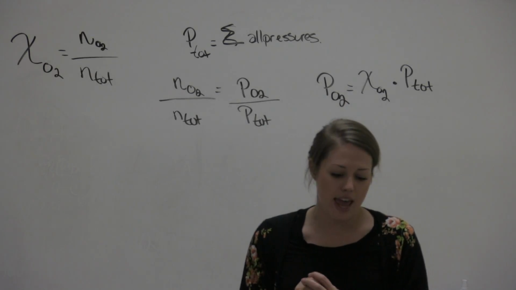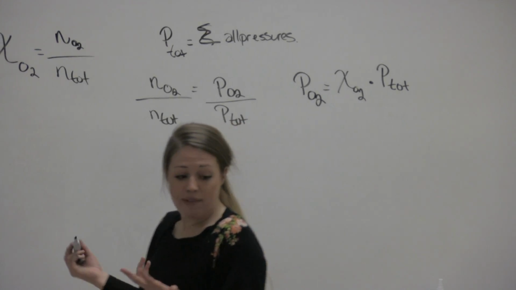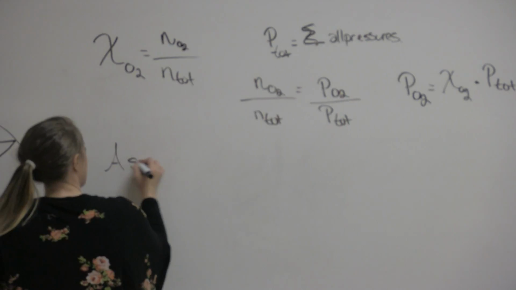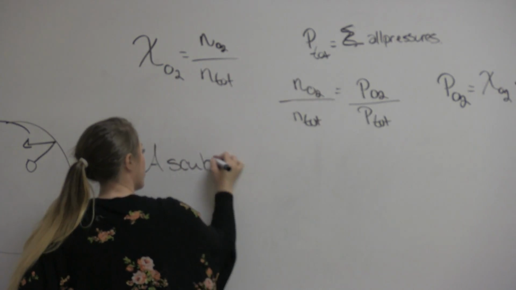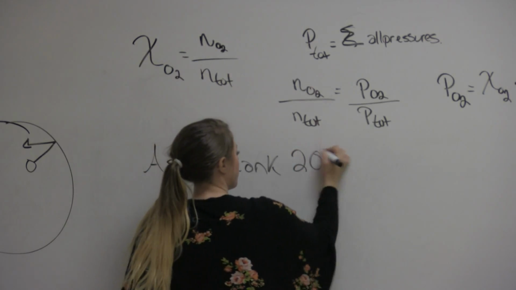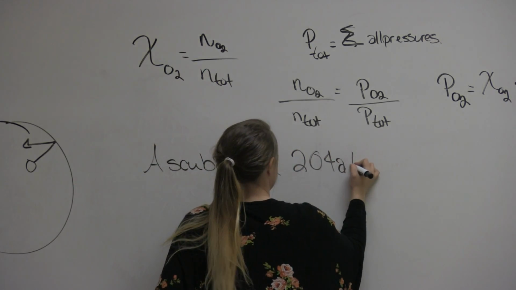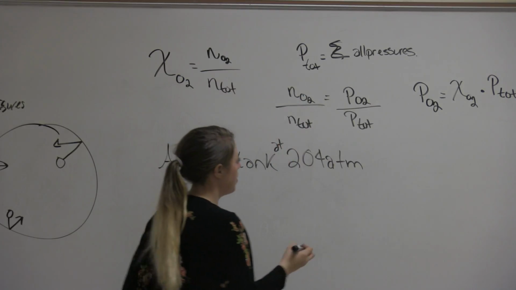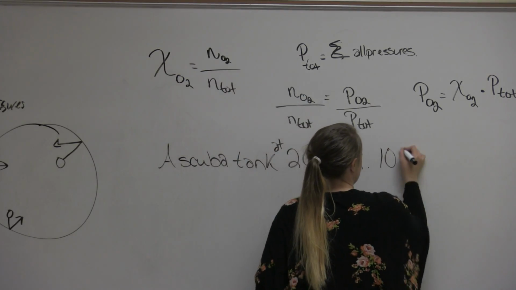So let's say we have a scuba tank, and the scuba tank is going to exert 204 pressure, so 204 atmospheres. Okay, and we say that we have a 100-gram sample.